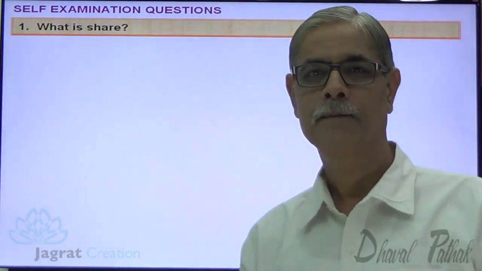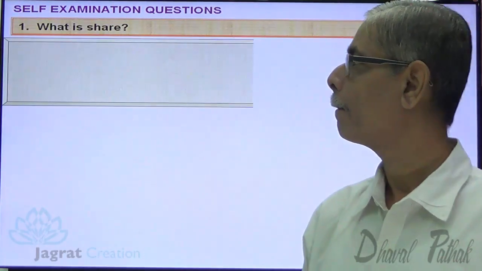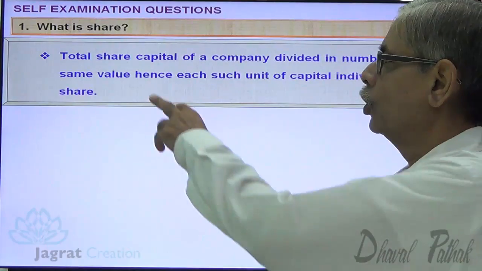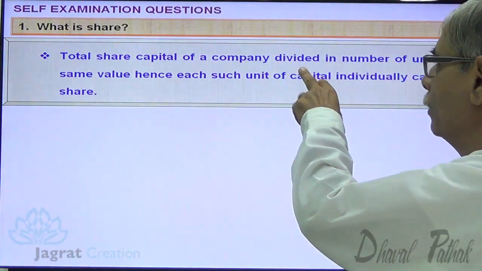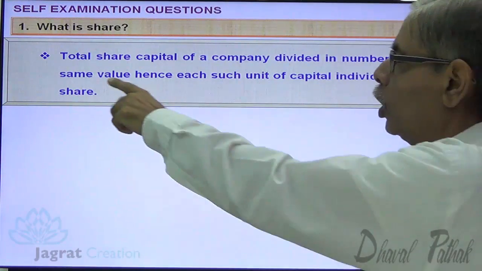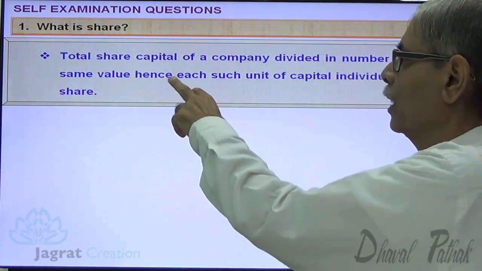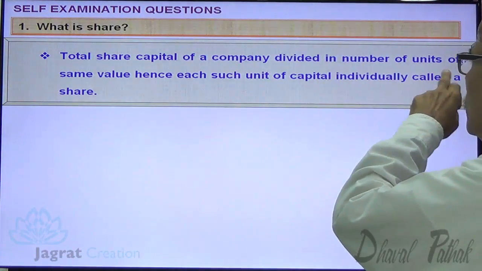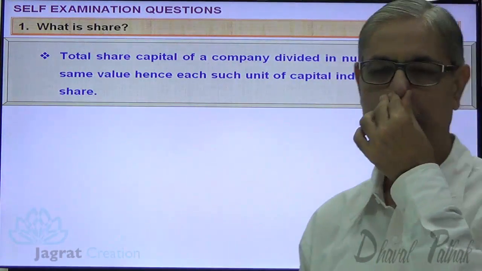What is a share? The total share capital of a company is divided into a number of units of the same value. Hence, each such unit of capital is individually called a share.